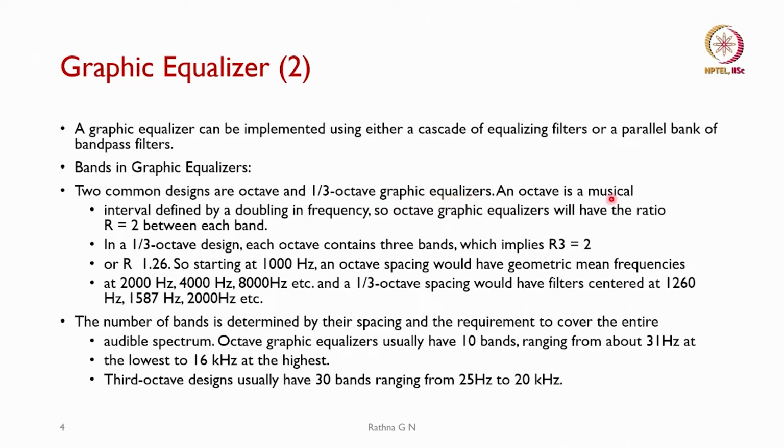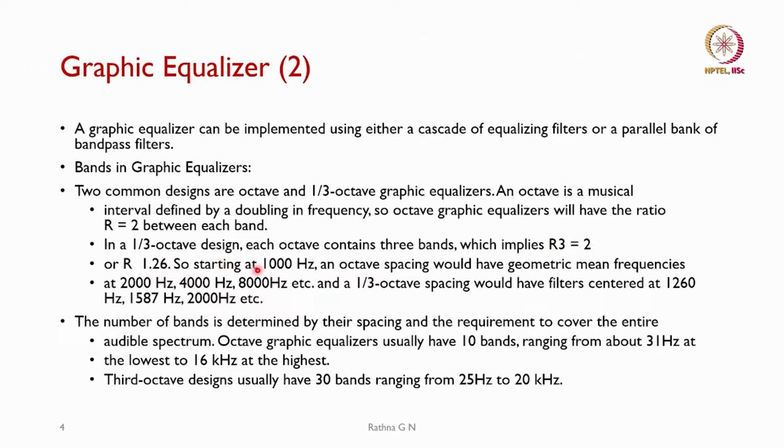An octave is a musical interval which is defined by doubling in frequency. So, an octave graphic equalizer will have the ratio, which we call R, equal to 2 between each band. In a 1/3 octave design, each octave contains 3 bands, which implies that R cubed is equal to 2, so R is given as 1.26.